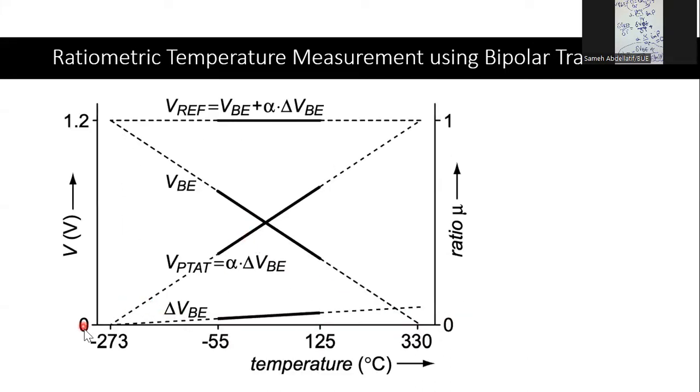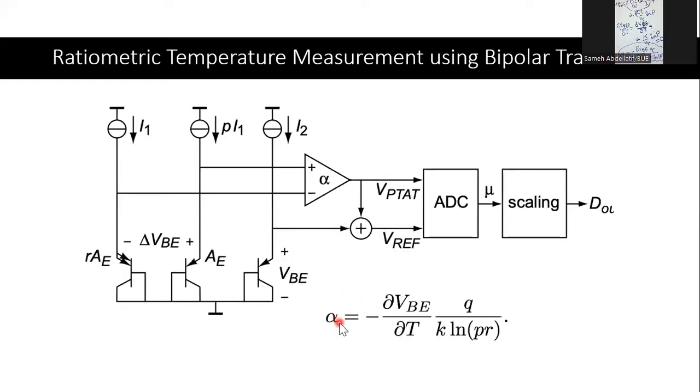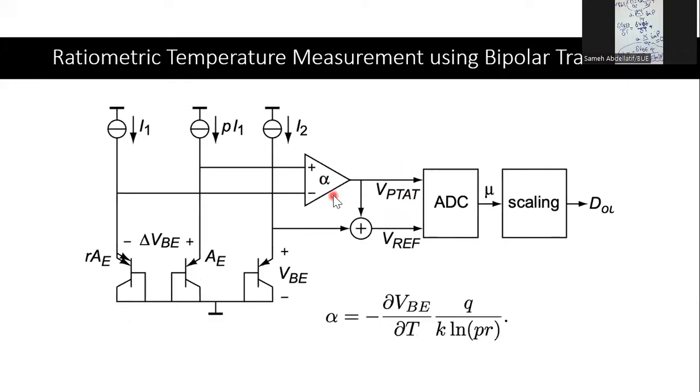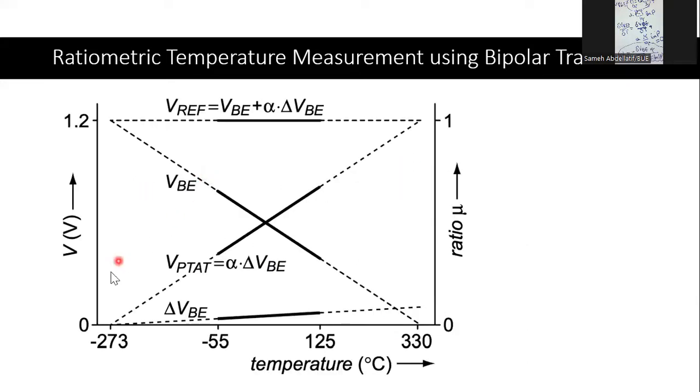So when the temperature increases from negative 20 to 130, VPE decreases. On the other hand, you adjust alpha so that the V absolute, which is alpha times delta VPE, increases at the same ratio as VPE decreases.